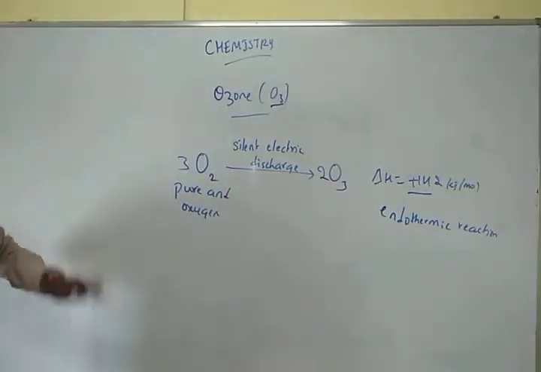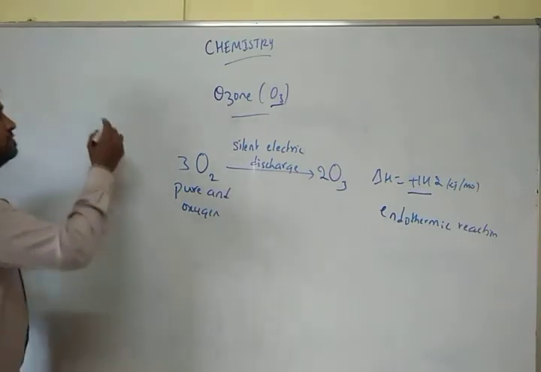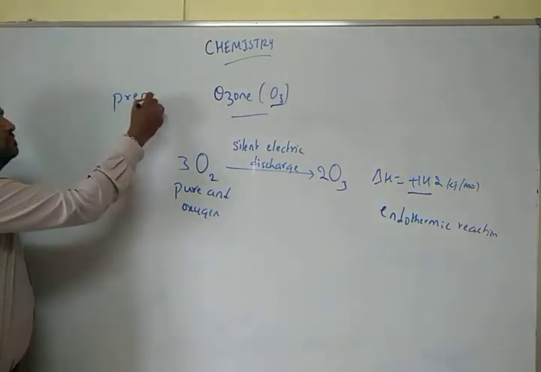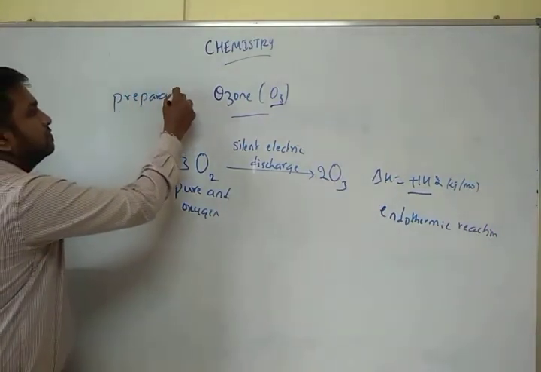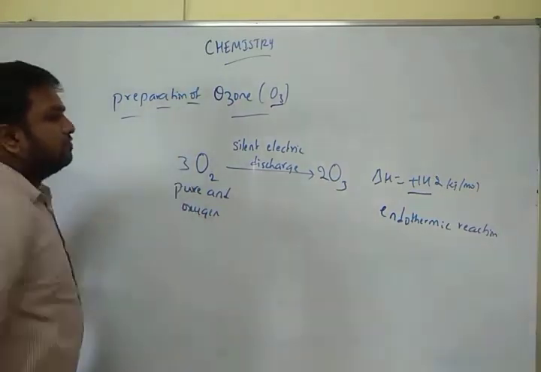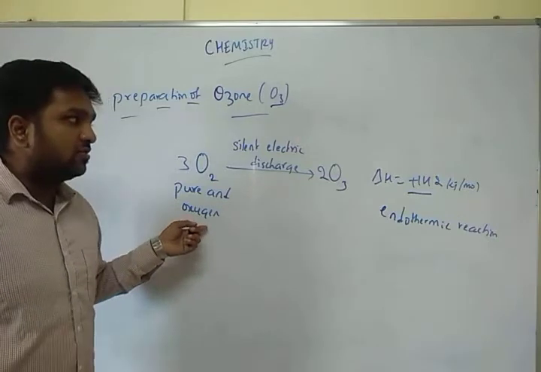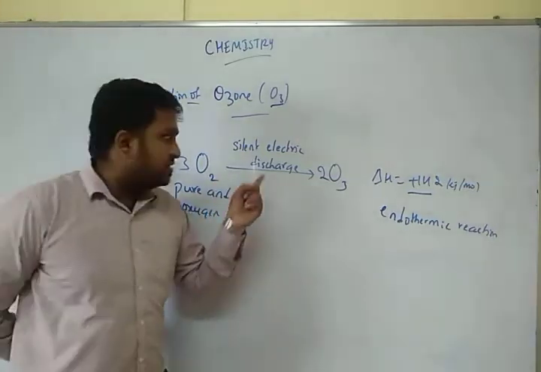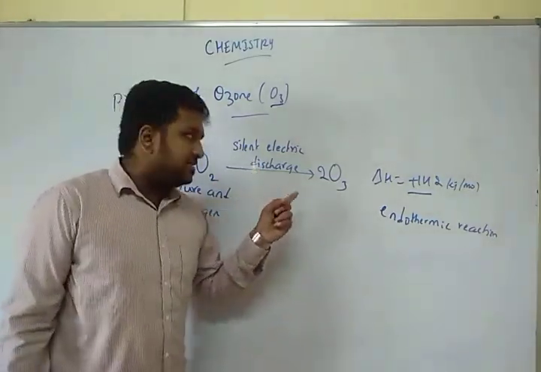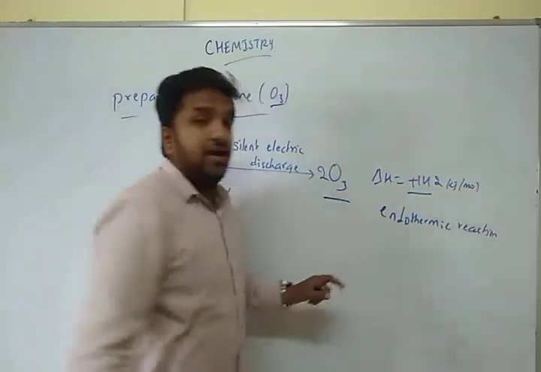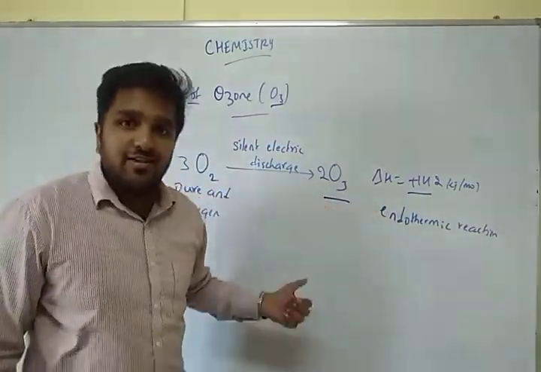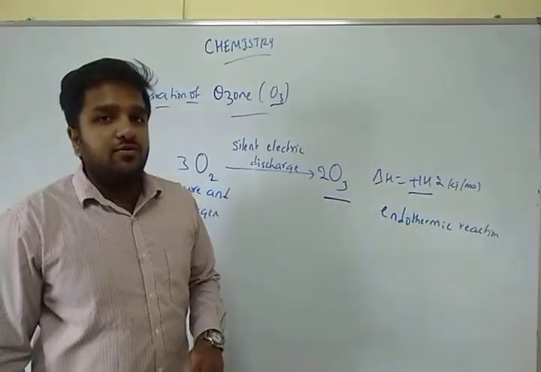See, this is the simple method of preparation of ozone. We have atmospheric oxygen, pure and dry. When this is passed through a silent electric discharge, we get ozone, and the delta H value for this reaction is plus 142 kilojoules per mole.